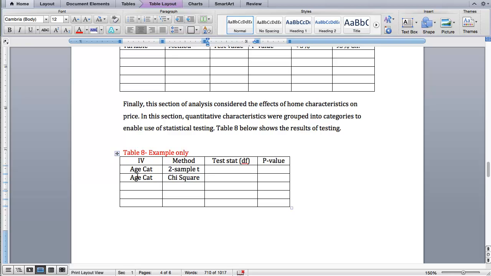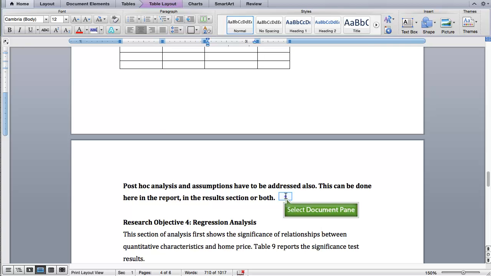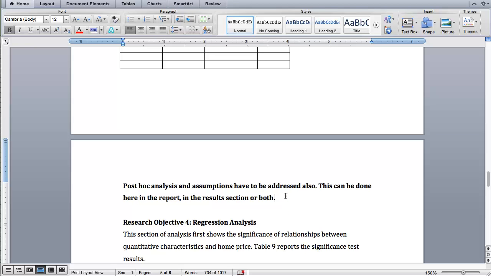So in the second part of our real estate case, our goal here is to run several of these tests to try to get an overall sense of the significance of these effects from the characteristics of our home on to the price. Now, this gives just an overview of each of the tests, but what we'll have to talk about a little bit more as we do more examples in class is what we call post hoc analysis, and then of course we've already started talking about the assumptions of each test.